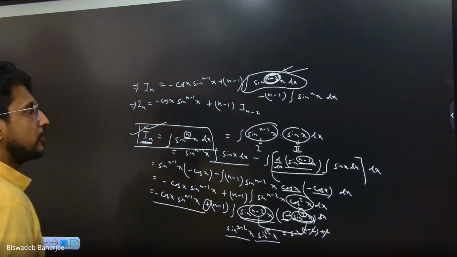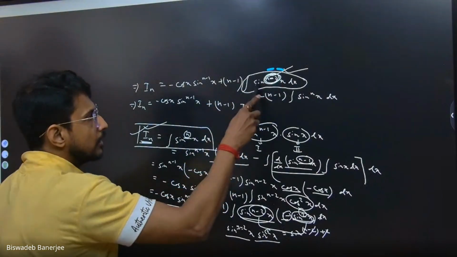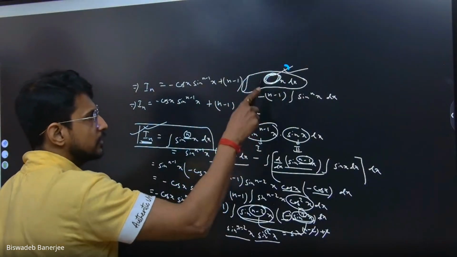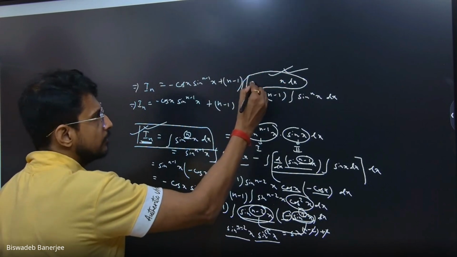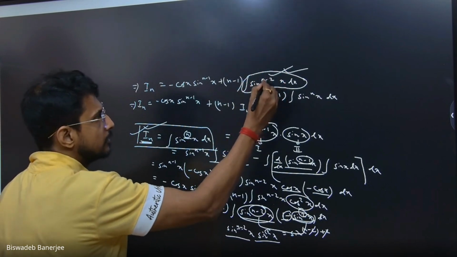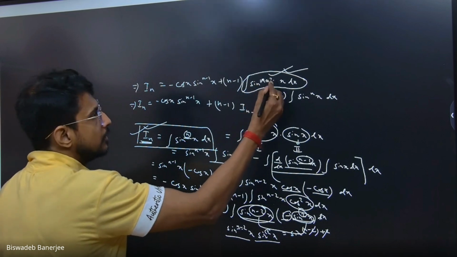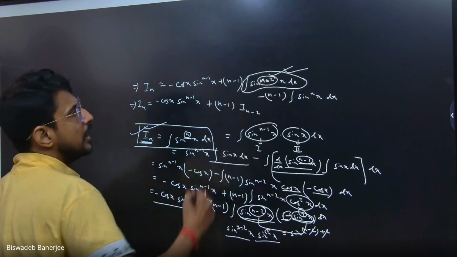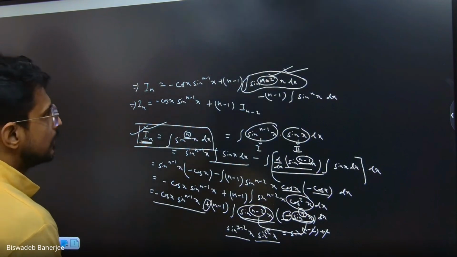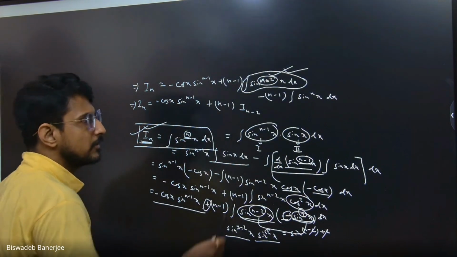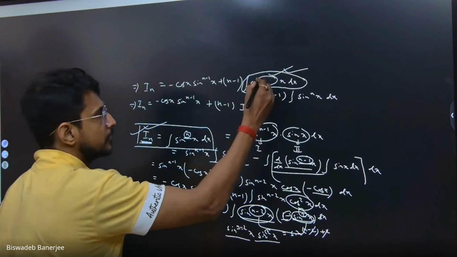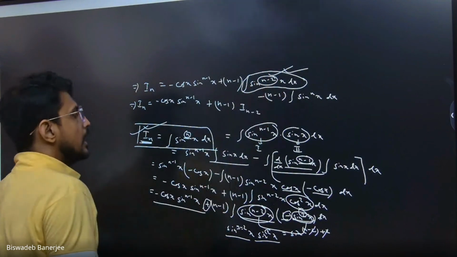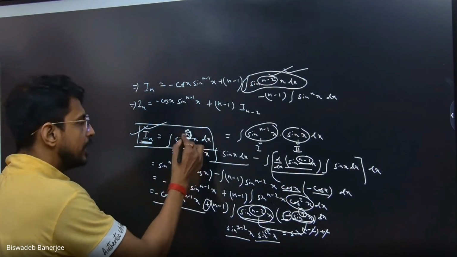I again repeat. Here my power of sine is n minus 2, and here my power of sine is simply n.